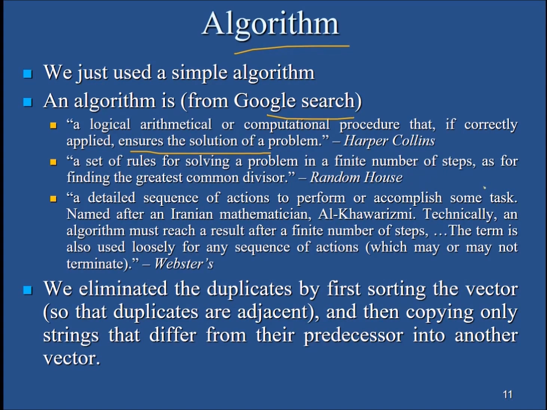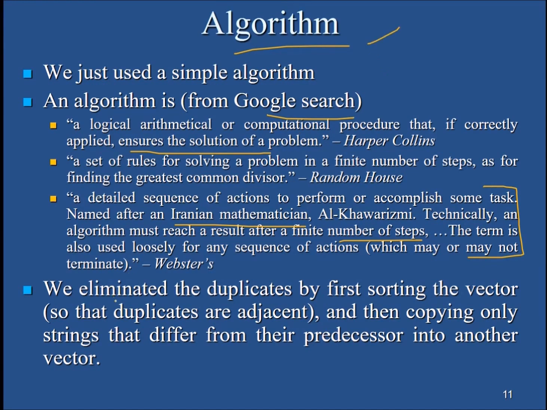This is another version from Webster's: a detailed sequence of actions to perform or accomplish some task, named after the Iranian mathematician Al-Khwarizmi. Technically, an algorithm must reach a result after a finite number of steps. This is what he says. So the term is also used loosely for any sequence of actions termed as algorithm.